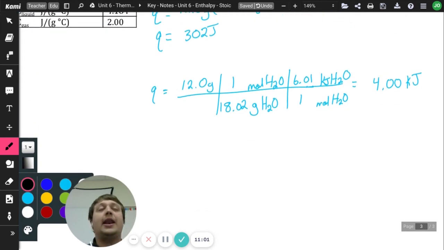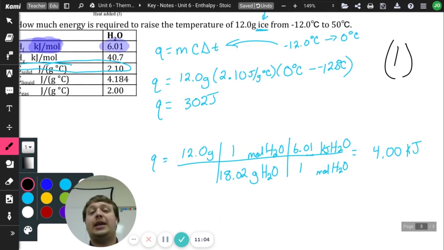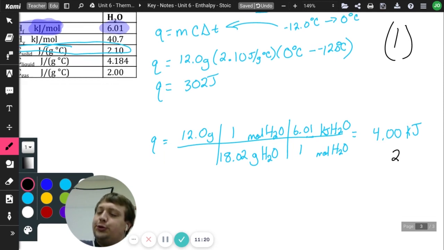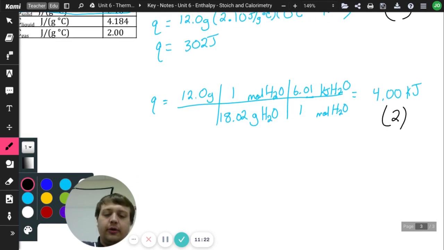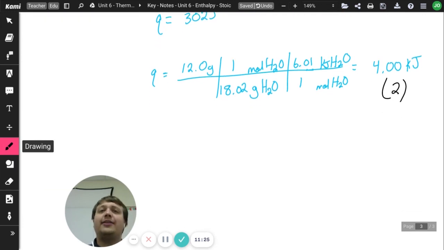Then, after that, I converted using my heat of fusion, from grams into kilojoules, and that's how much energy would be required for that phase change to occur, so to go from 100% solid to 100% liquid. That would be step 2. And then the last step would be to solve for going from 0 degrees Celsius all the way up to that 50 degrees Celsius.